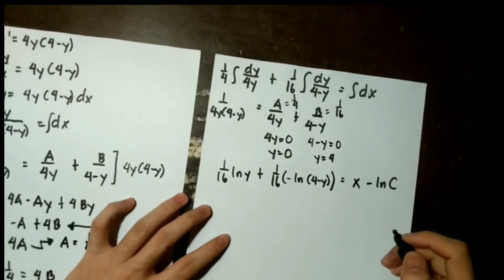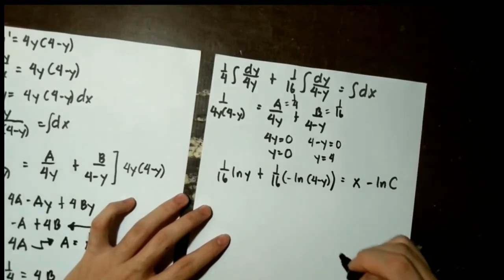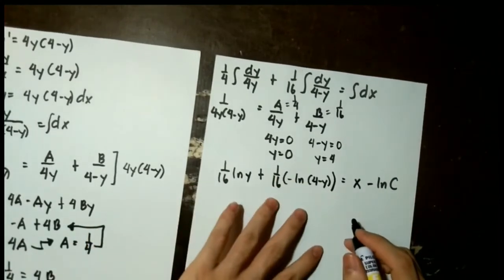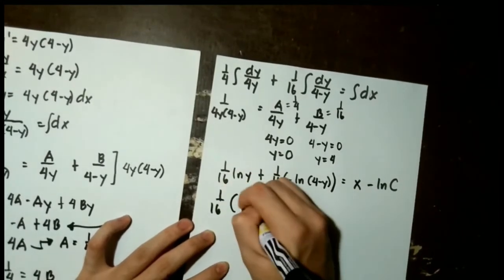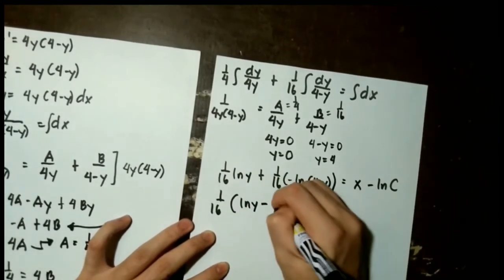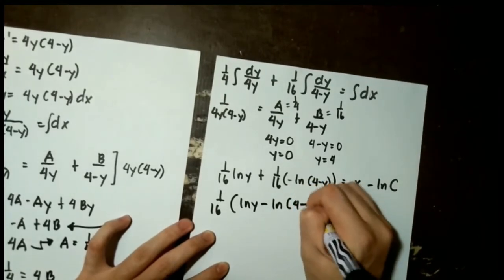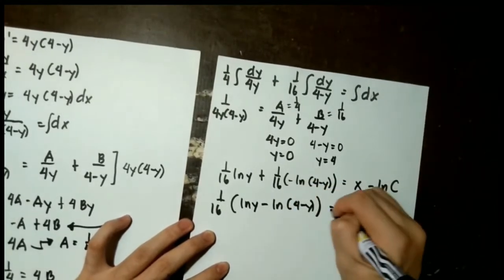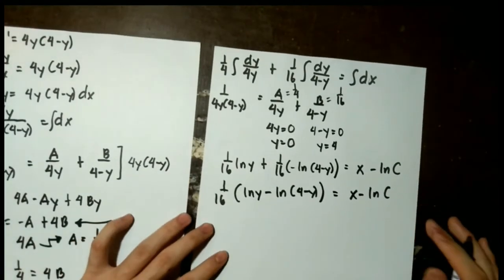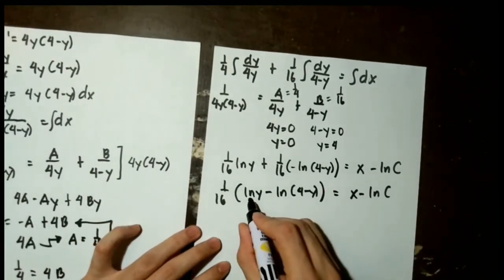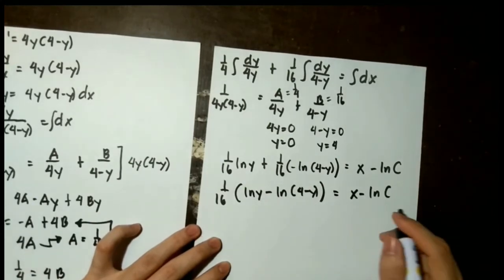So proceed na tayo. I-distribute natin yung 1 over 16. So 1 over 16 times ln y minus ln ng 4 minus y is equal to x minus ln c. Then lipat na natin yung ln c sa kabila. Dito, pwede natin siyang i-divide since yun yung rule ng logarithm.